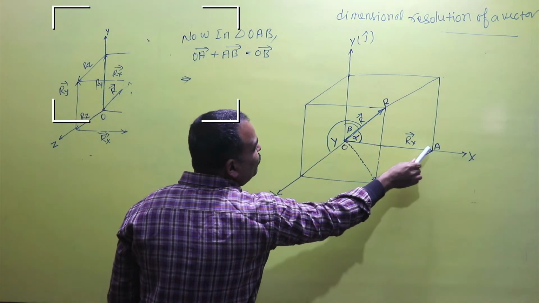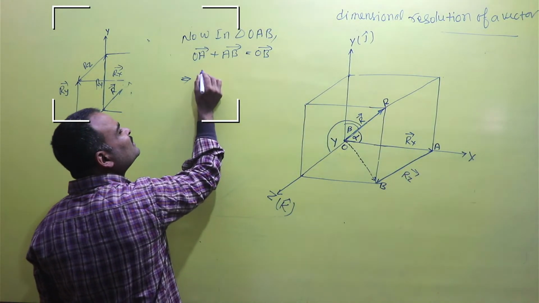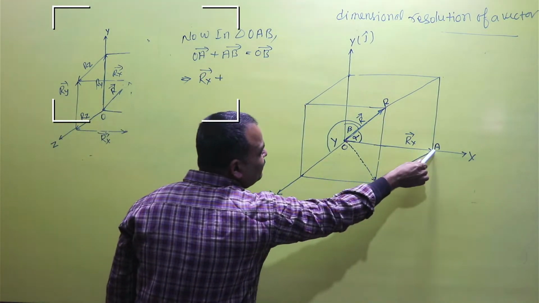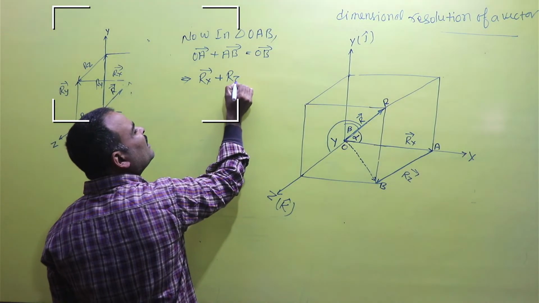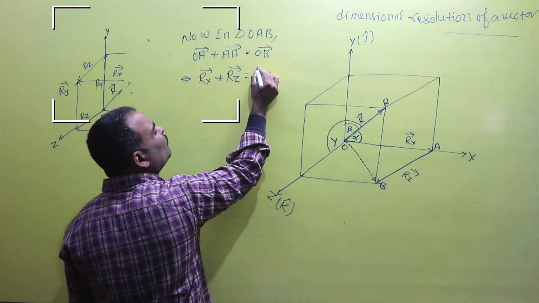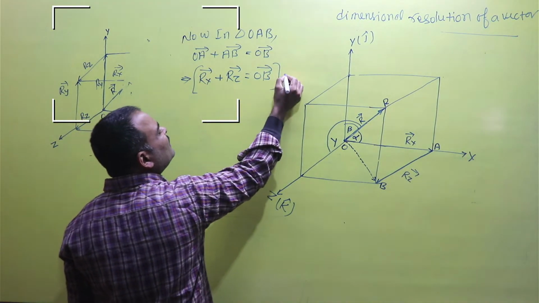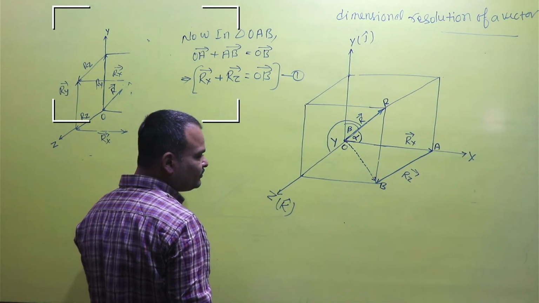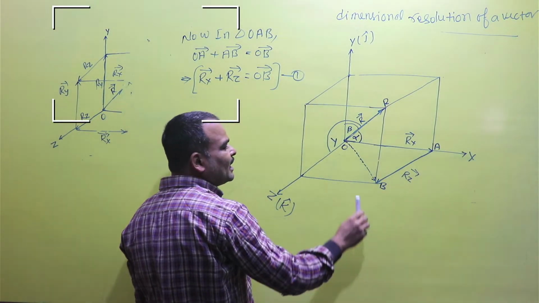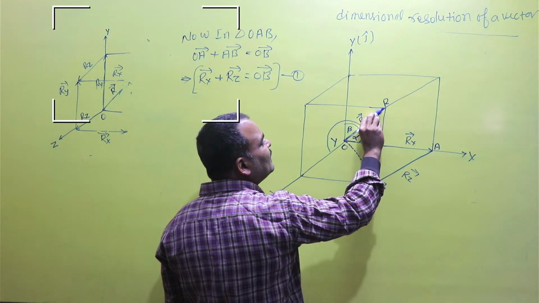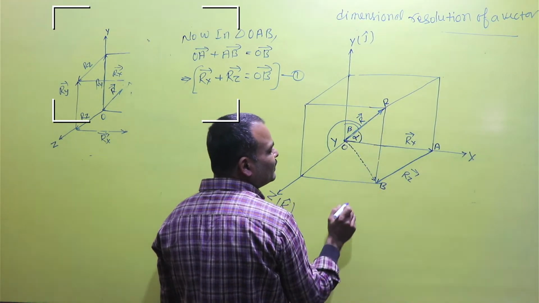What is OA? OA is vector Rx and AB is vector RZ. So Rx plus Rz is equal to OB. Let the equation be first. What is our target? Our target is to find the resultant vector OR is equal to R.